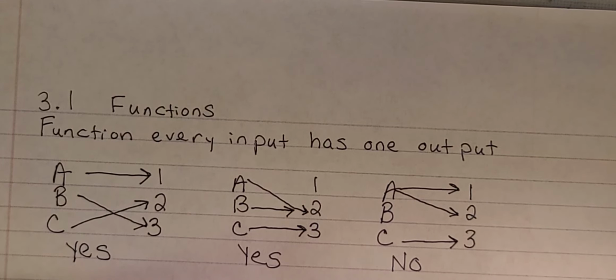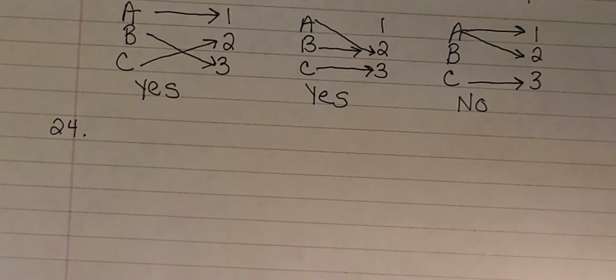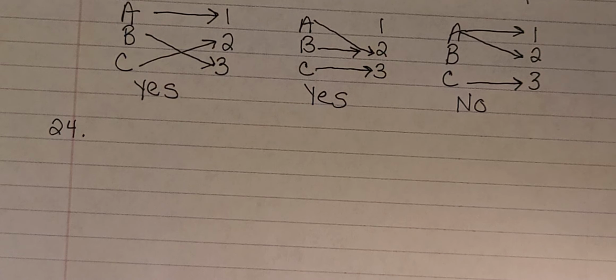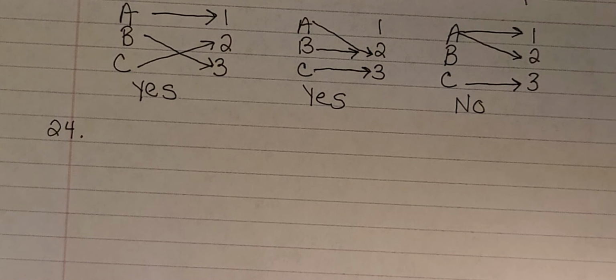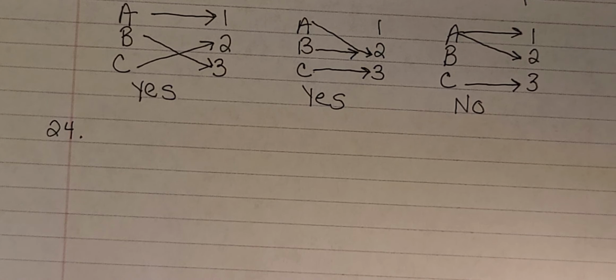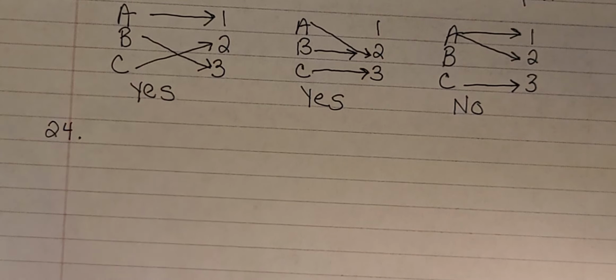All right, we're going to work on question number 24 from your book. So 24 says, determine whether each relation represents a function. For each function, state the domain and the range.